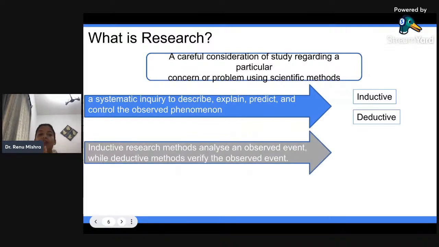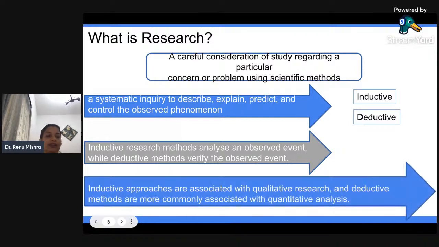Inductive methods analyze an observed event, while deductive methods verify the observed event. Inductive methods give an overview about a topic, a problem, or a title. While deductive methods deduce something, that verification, that logical and statistical explanation is given in deductive research.